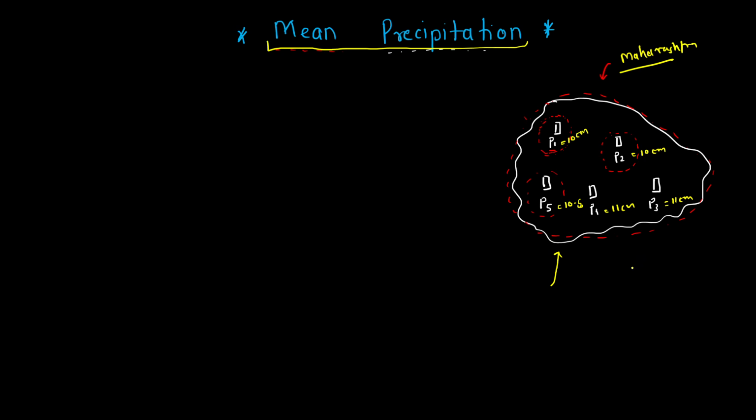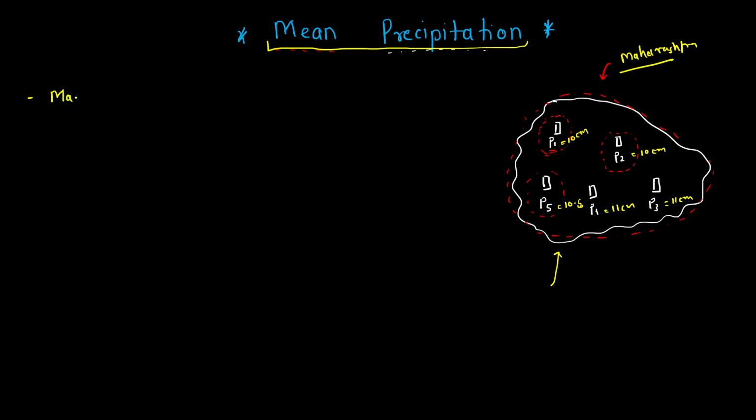I hope you are getting it. So we have to convert these point values at various stations into an average value over the catchment. That is the main objective here. So let's write it down.